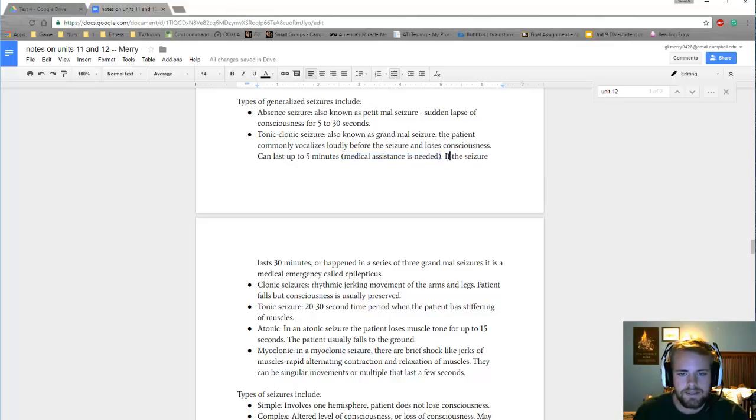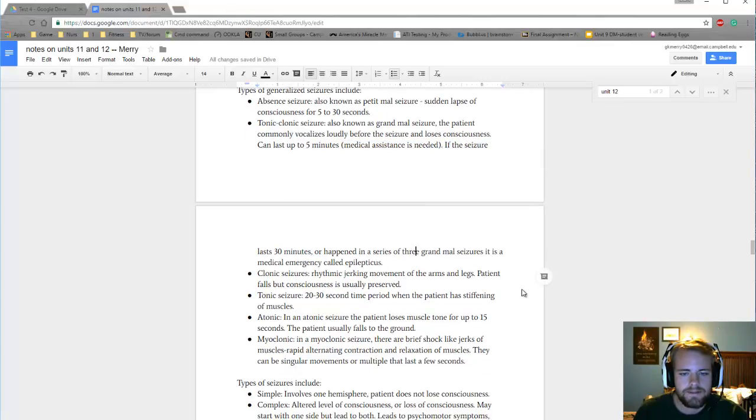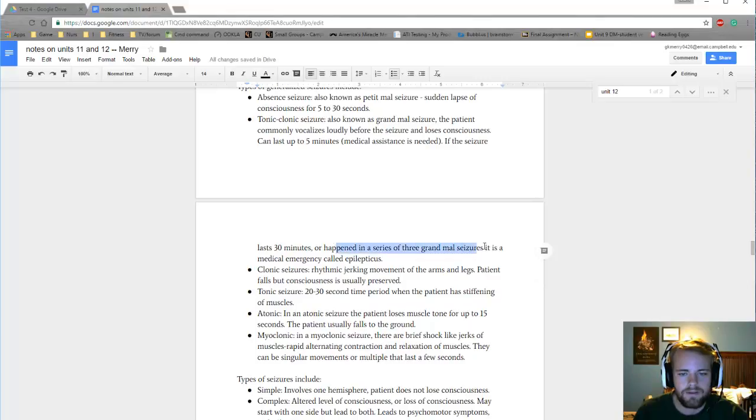Medical assistance is needed. If the seizure lasts for 30 minutes or happens in a series of 3 grand mal seizures, it is considered a medical emergency called status epilepticus, and that is a classification for these people who have tonic-clonic or grand mal seizures, and we do need to know that for the test, so just put a pin in that.